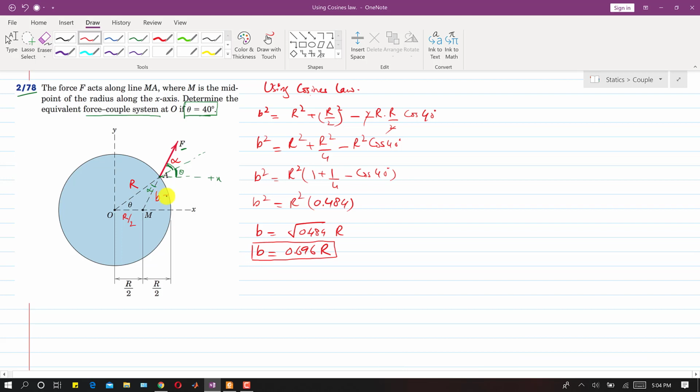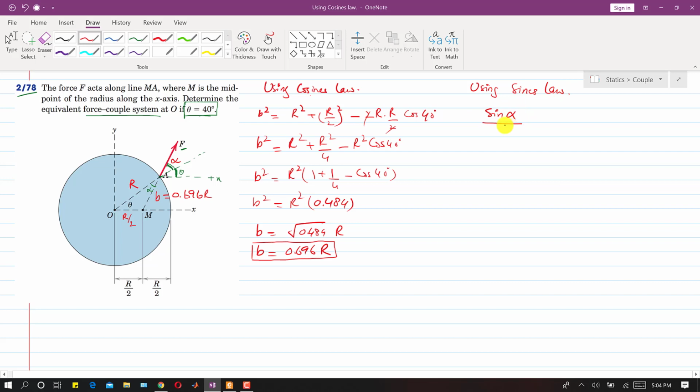Now in this triangle we know this length, also in terms of R, 0.696 R. This is R by 2, this is 0.696 R. We need to find this alpha. To find alpha we will use sine law.